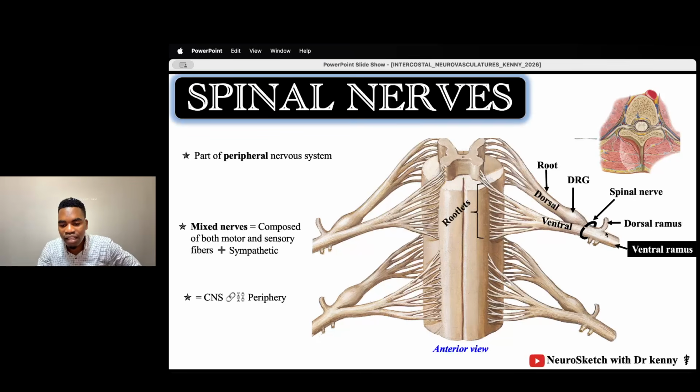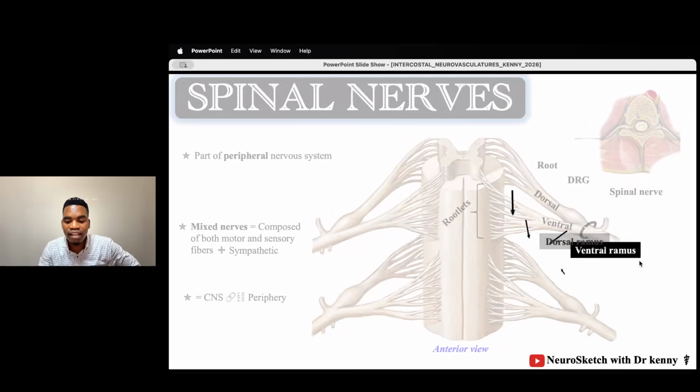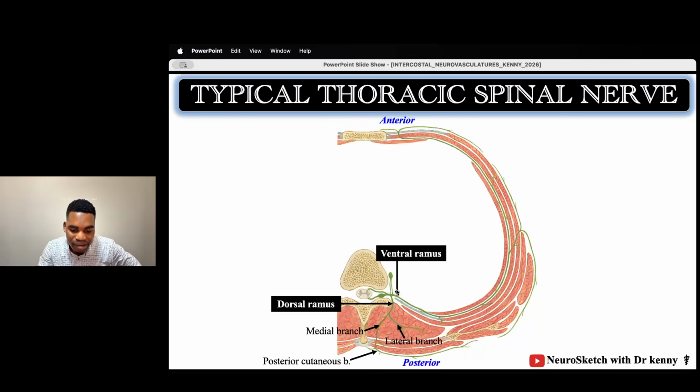The spinal nerve will further be divided into two branches, called rami: the dorsal ramus and the ventral ramus. It is the ventral ramus of a spinal nerve that will develop into the intercostal nerve. So the intercostal nerve is just the ventral ramus of the spinal nerve.